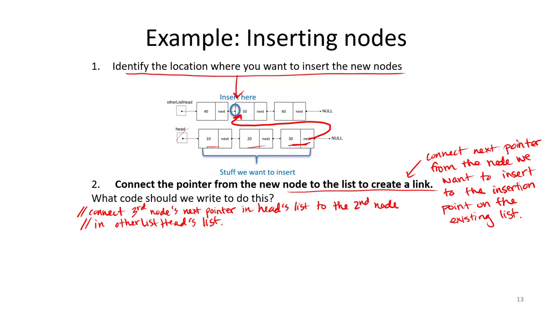So remember, to do that, we need to write some C++ code using the arrow operator. In this case, we need to write the code head, arrow next, arrow next, arrow next, because that will update the next pointer where head, arrow next points. And we want to make that pointer point where other list head, arrow next points.